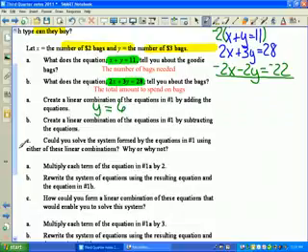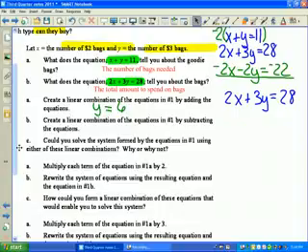So now part B of that question asks me to do it by subtraction. So remember, in order for me to do it by subtraction, it has to be the same number, same sign, in order for me to subtract. So instead of multiplying by a negative 2, I'm actually going to multiply by a positive 2.